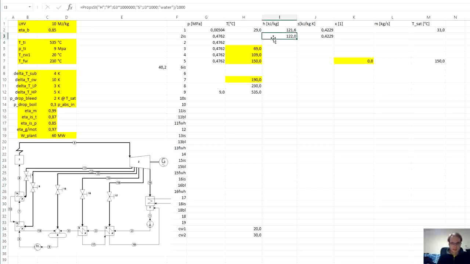So here we get isentropic enthalpy and actual enthalpy. Same principle as last time. It's the enthalpy before the pump plus enthalpy difference divided by isentropic efficiency of the pump.